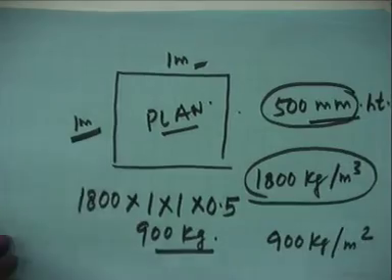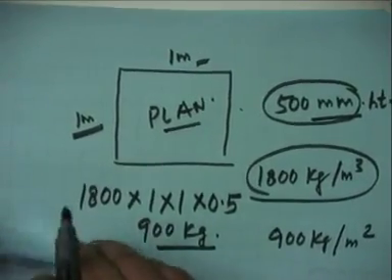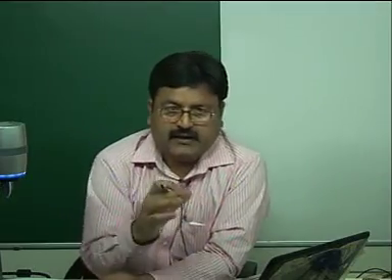Okay. Now, coming to this third category, load is also coming from the concrete that you have placed on the formwork, whether it is wall, column, beam or slab. Whenever you are pouring the concrete, it also adds to the dead load.